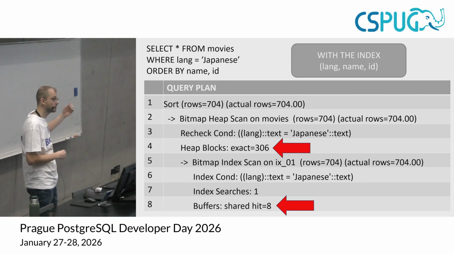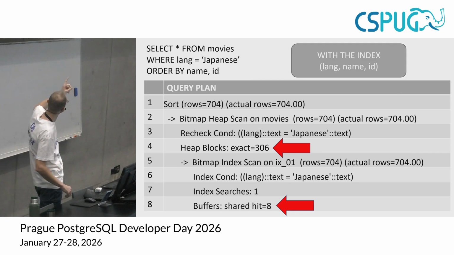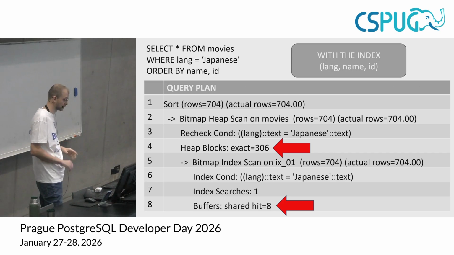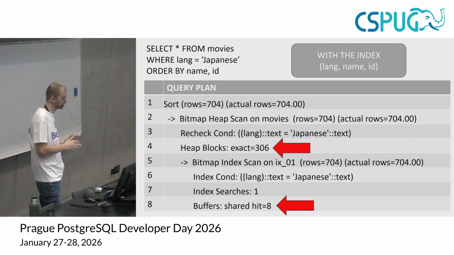So I touched 85% of my table to get only 7% of the rows. And I still had to add the 8 pages from the index. So in total, it's 314 pages to satisfy this query. So it's still better than sequential scan, but not so much.